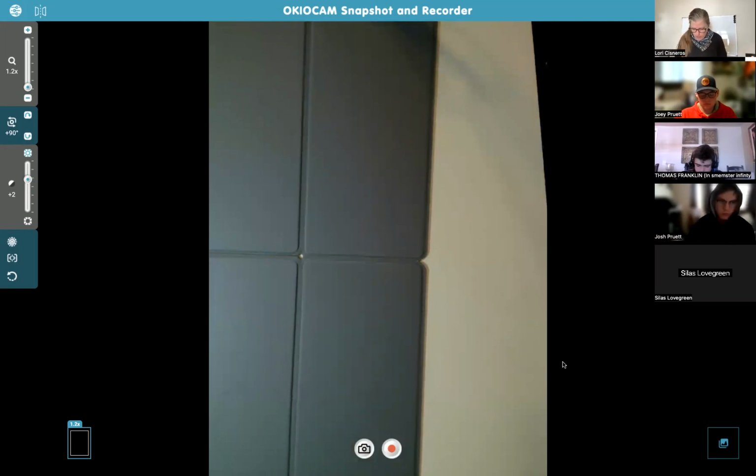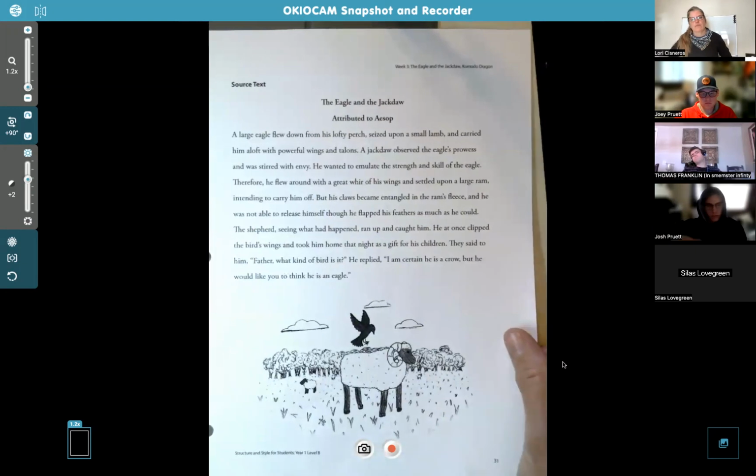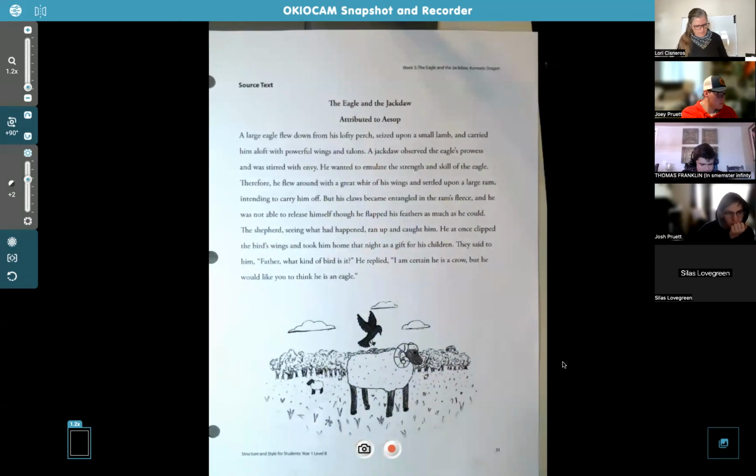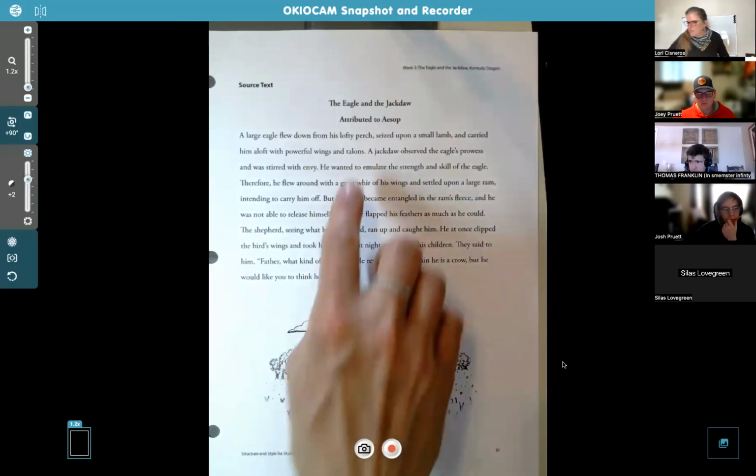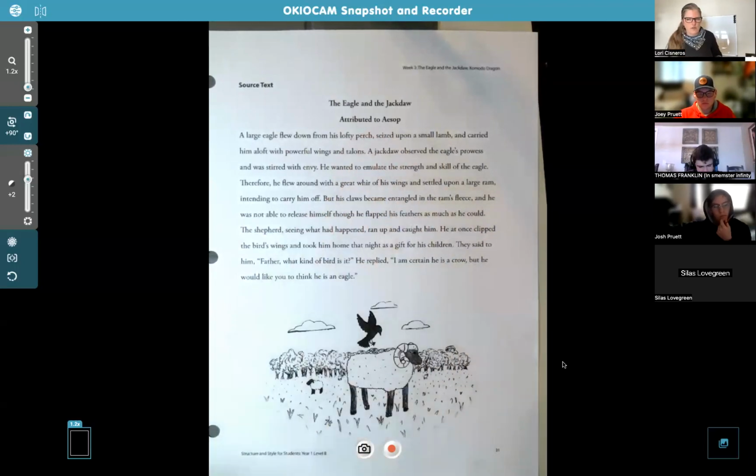Okay, the next thing we're going to look at is the eagle and the jackdaw right here. What we're going to do is read this. It's attributed to Aesop. It's another fable.